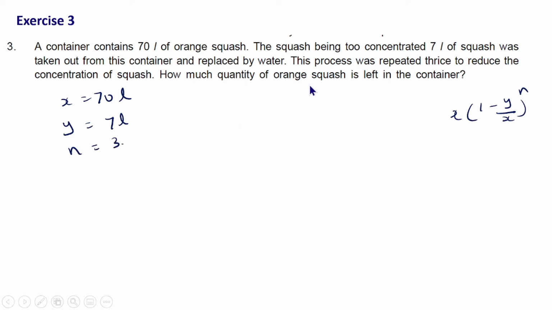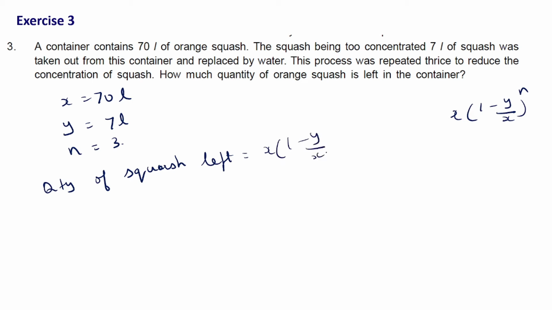So the quantity of orange squash left in the container is, so quantity of squash left is equal to x into 1 minus y by x the whole raised to n. So this is 70 into 1 minus 7 by 70 the whole cube.